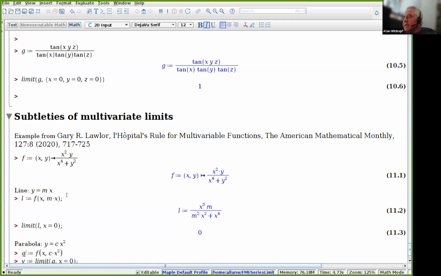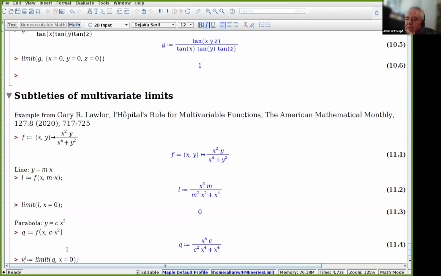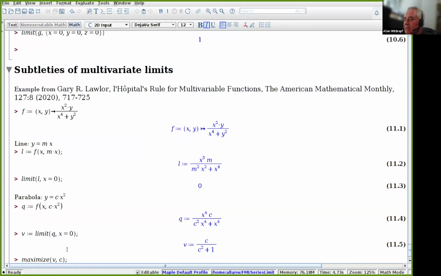So what this is telling us is that if we approach the origin from any direction along a line, this function approaches 0 every time. So naturally, you would think that this means that the limit of this function at 0 is 0. But in fact, it's not. If we instead approach along a parabola, where now I've just replaced y with c times x squared, and then take the limit, we get an expression in terms of c.